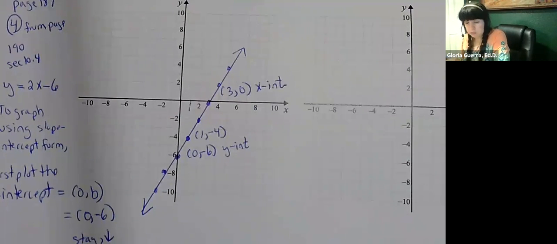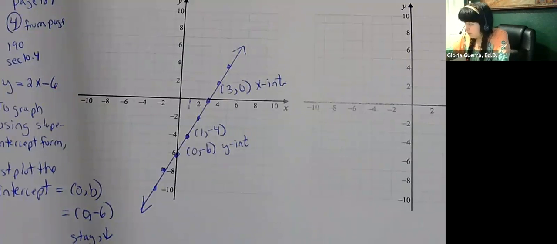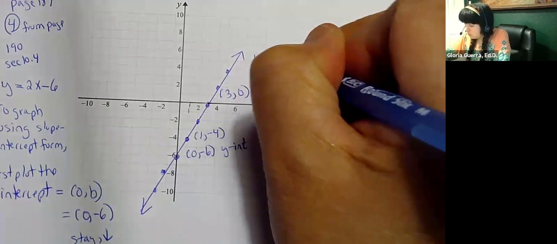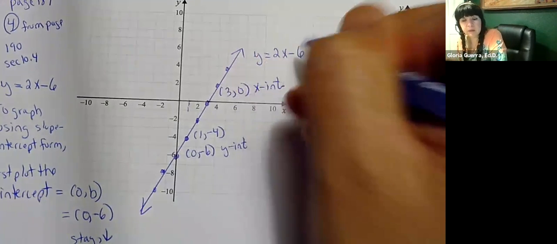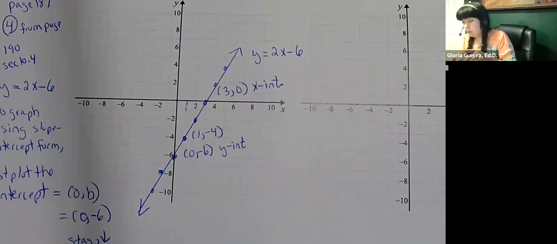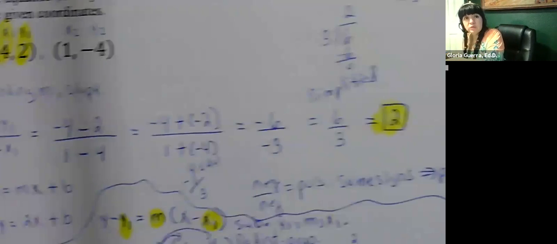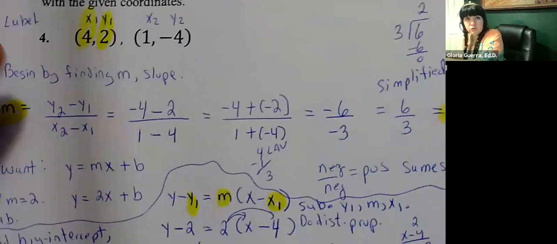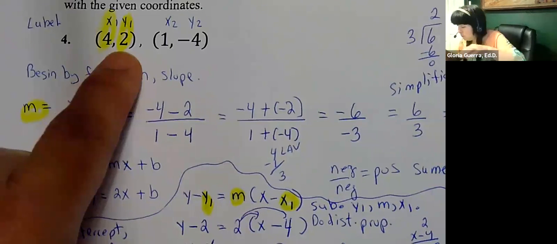Drawing your line so you feel comfortable. And the name of that line was y equals 2x minus 6. Now, the other points that should be on there, this is number 4, right? The other points that should be on there are 4, 2 and 1, -4.